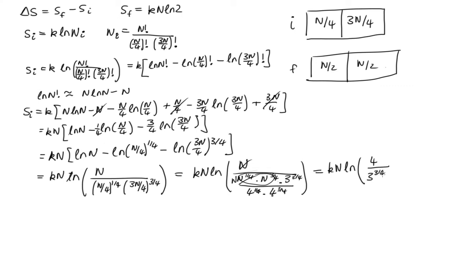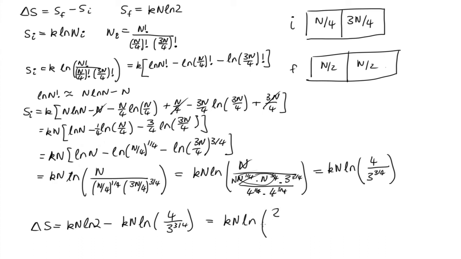Okay, so we've now got an expression for our initial entropy, and we've got an expression for our final entropy. So the change in entropy is equal to Kn log 2 minus Kn log of 4 over 3 to the 3/4. So this is equal to Kn log of 2 divided by 4 over 3 to the 3/4.